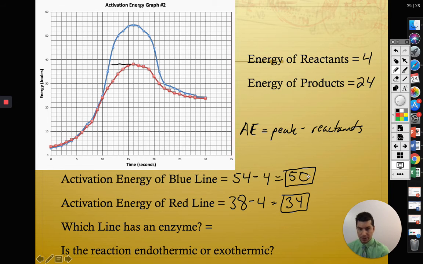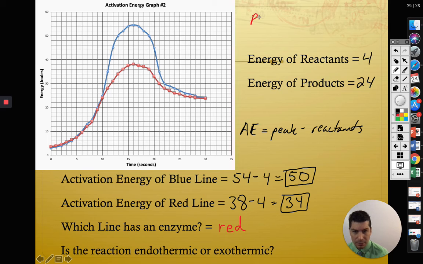That's about 34. Okay. Which one has the enzyme? Again, guys, this is the one that's going to have the smaller hill, the smaller peak. In this one, the red one does not go as high, so the red one is going to have the enzyme. And lastly, is it endothermic or exothermic? Well, last time the reactants were above the products.